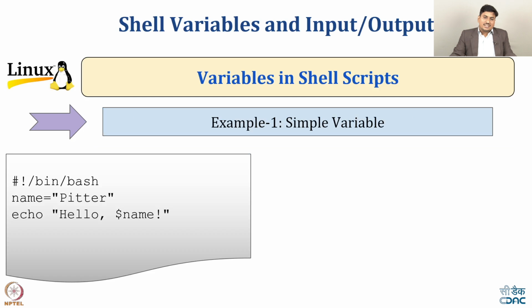Now let us see how, in shell scripting, one can declare variables and use their values. Take an example of this very simple script, where I declare a variable and assign some string to it. In the first line I declare the variable and assign some value to it, and then I use this variable in the later commands.